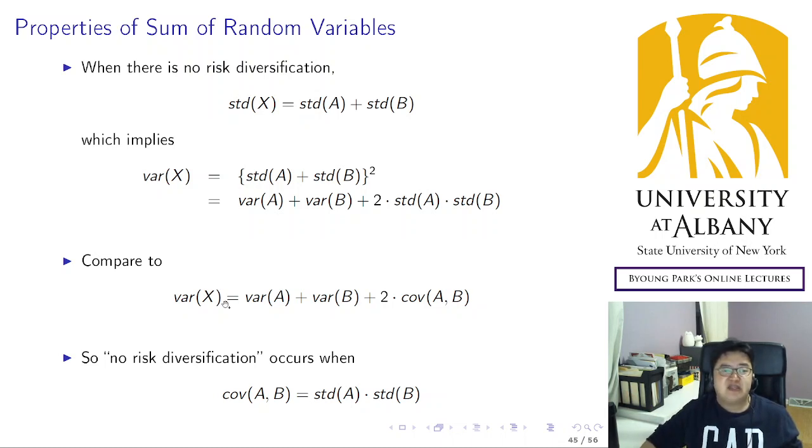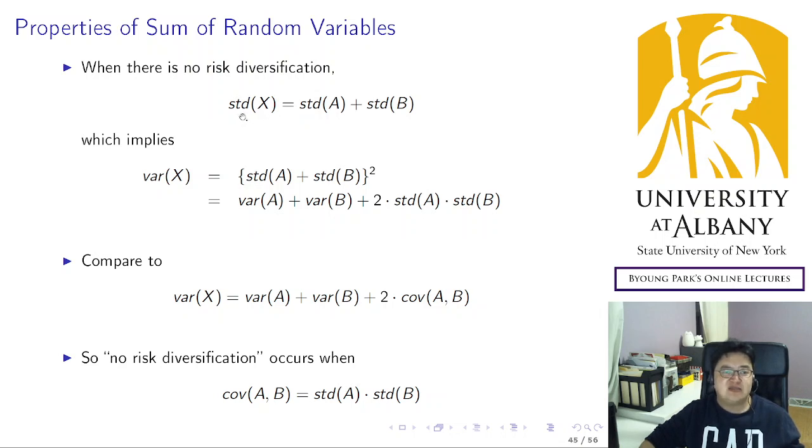Anyhow, let's think about when does the standard deviation of the new random variable equal the sum of the two standard deviations? This is the case where you do not have any risk diversification.